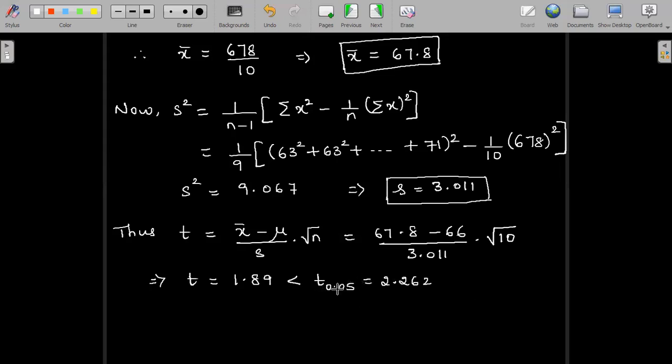So t 0.05 is 2.262 and we observe that the calculated value of t is less than the table value of t. And hence the hypothesis is accepted at 5% level of significance.